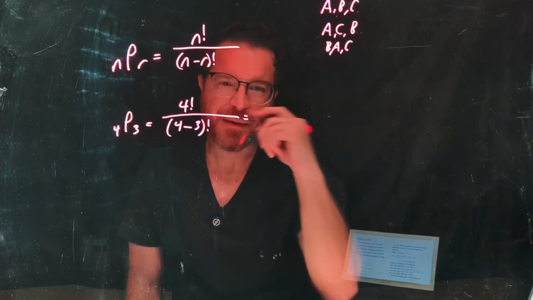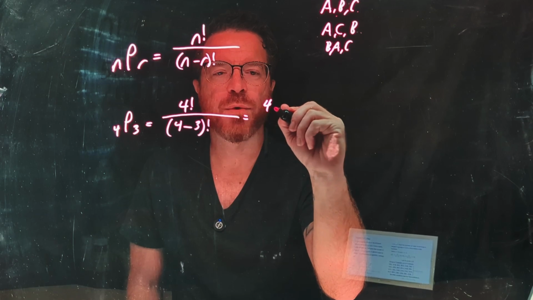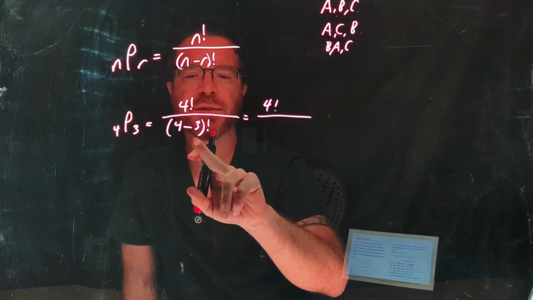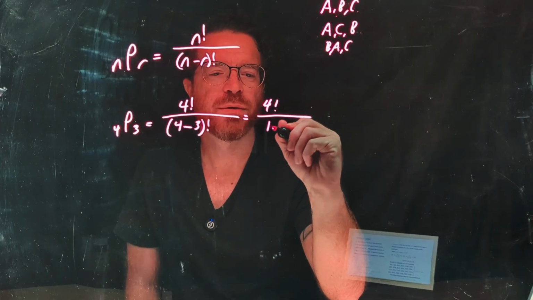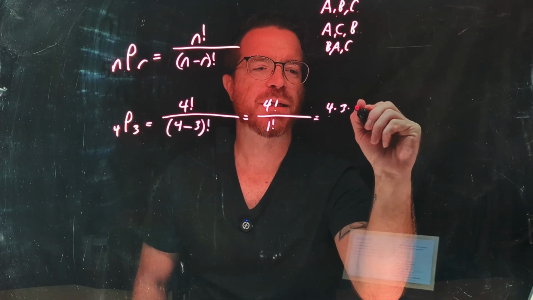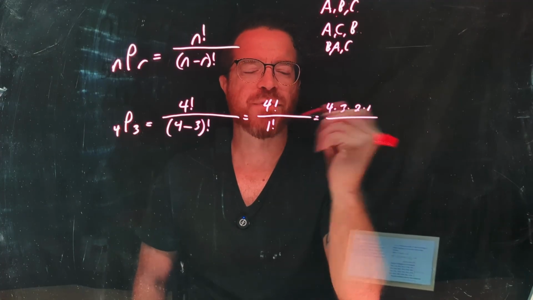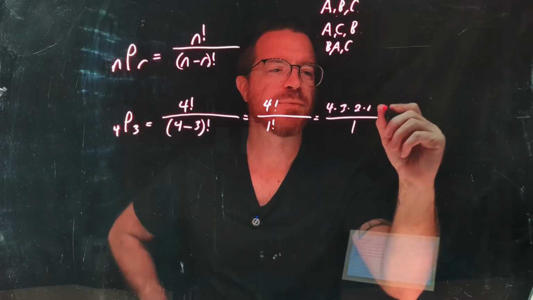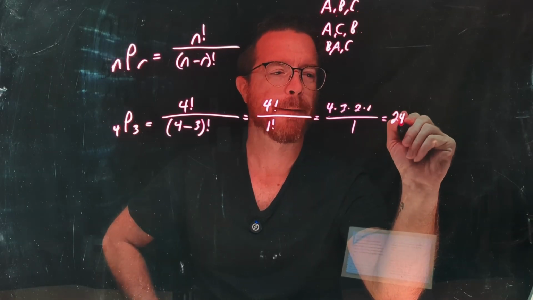This would give me 4 factorial divided by 4 minus 3, which is 1 factorial. So 4 factorial is just going to be 4 times 3 times 2 times 1. 1 factorial is just going to be 1. So this is going to be 4 times 3 is 12 times 2 is 24.